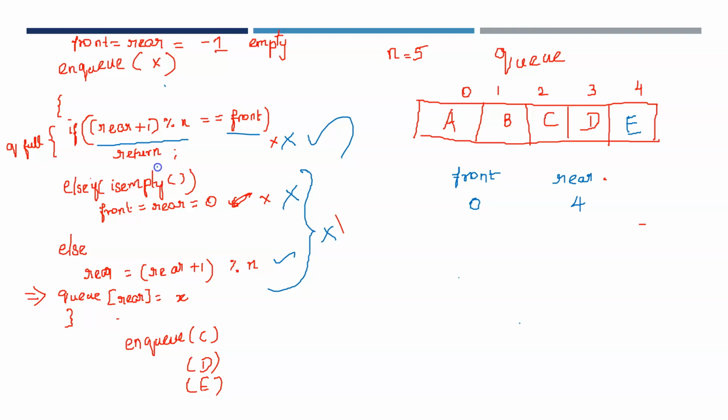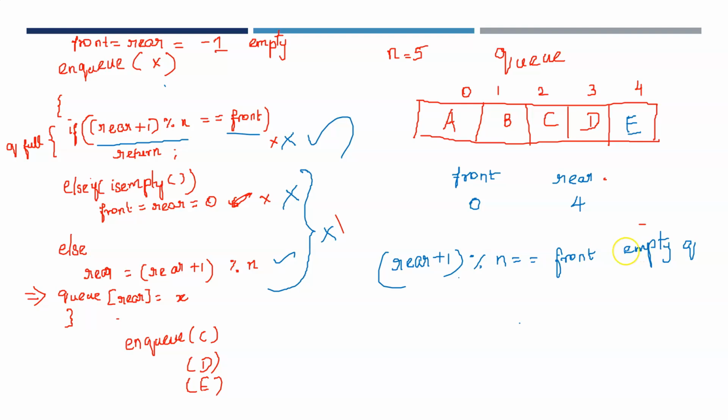Then, is empty is when your front value is equal to minus 1. And when there is only one element, your front equals rear. So you need to remember three conditions. When rear plus 1 modulo n equals front, then it means that it is a full queue.